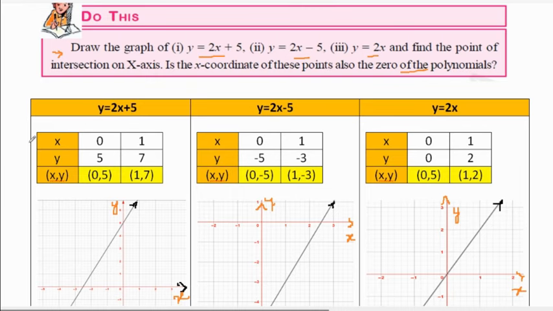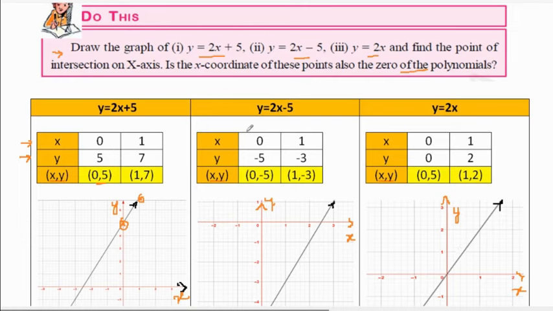So to do the graph, we have to take the table like this: x-axis, y-axis, and if I take x as 0, y is 5, (0, 5) is the point, and x is 1, y is 7, (1, 7) is the point. So 0 comma 5 lies here, 1 comma 7 lies somewhere here. So this is the straight line touching the 2 points, and y is equal to 2x minus 5 is the graph which looks like this, and y is equal to 2x is the line which passes through the origin.